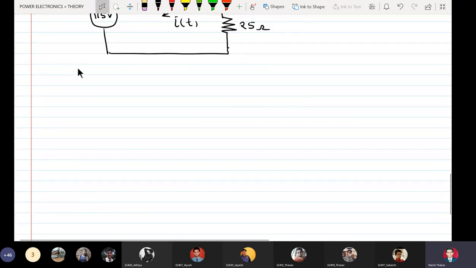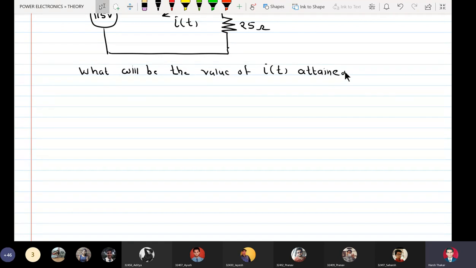What will be the value of circuit current i attained in the duration of the pulse Tp equal to 60 microseconds?